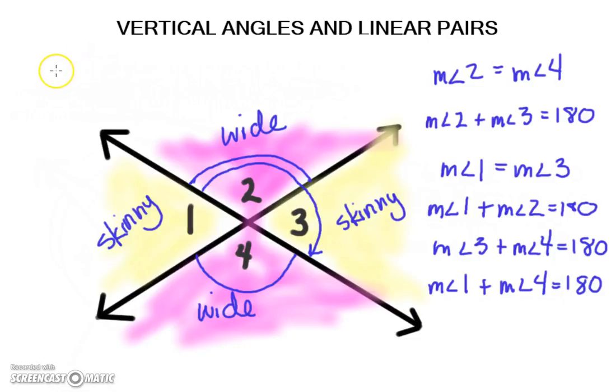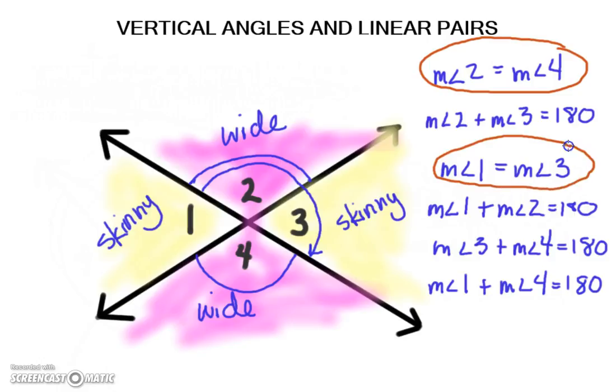So there are two things I want you to notice. Look at how many equations we could write out of this one simple picture that was created by two lines making an X shape. And then I want you to notice the formats of the two different kinds of equations that we can write. These two that I've just circled, technically, are in a format of piece equals piece. And I want you to notice it's wide and wide, or skinny and skinny. They're equal.